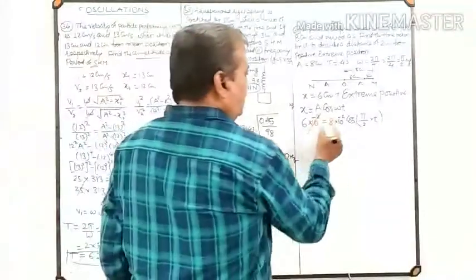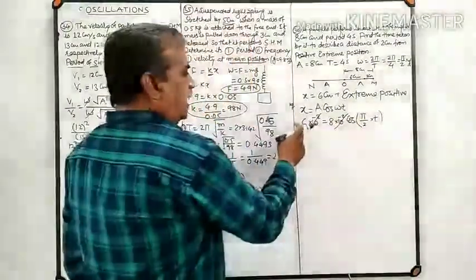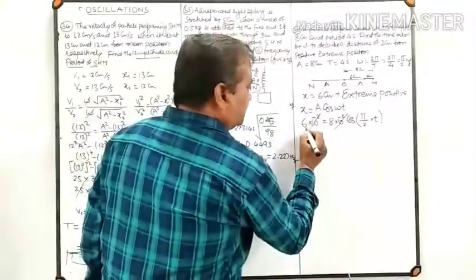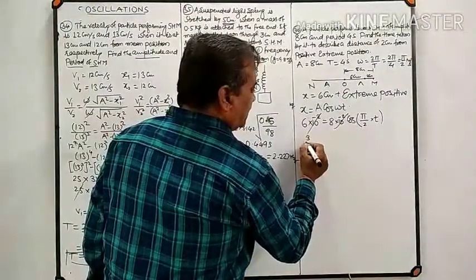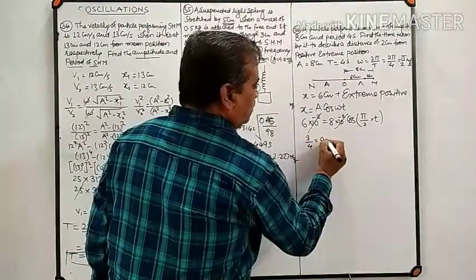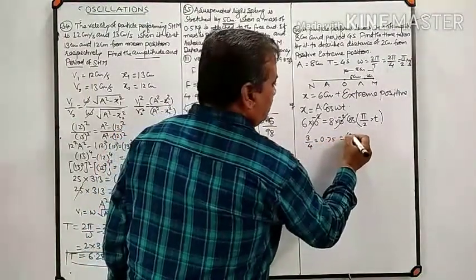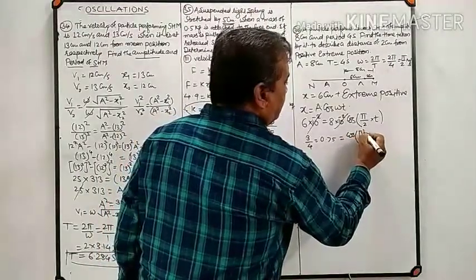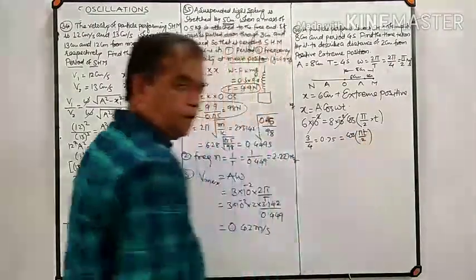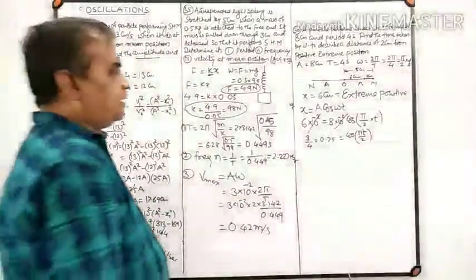Now this 10 raised to minus 2 on both sides gets cancelled. And 6 divided by 8 means 3 divided by 4, equal to 0.75, is equal to cos of pi t divided by 2. Taking cos inverse on both sides, cos inverse of 0.75 equals cos inverse of cos of pi t divided by 2.